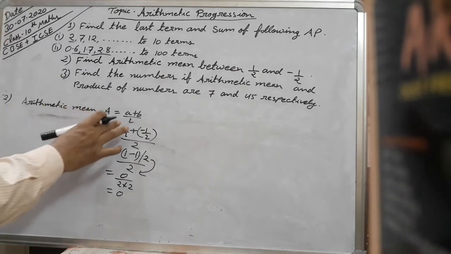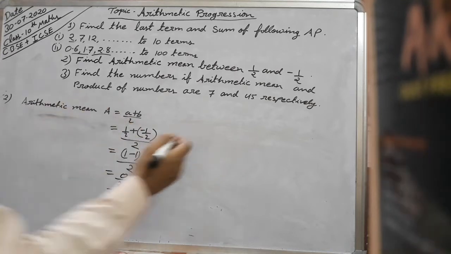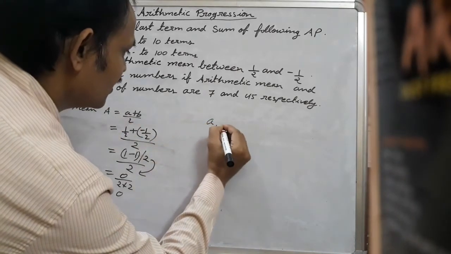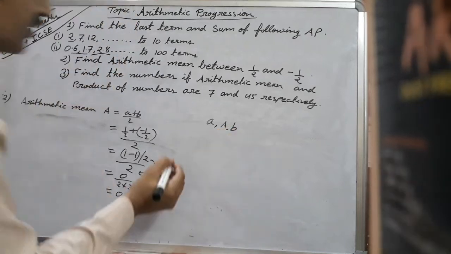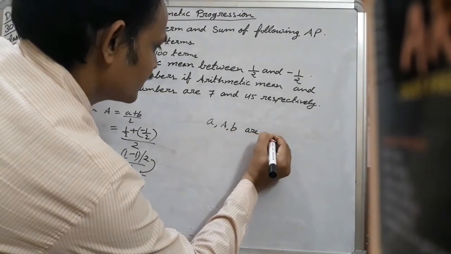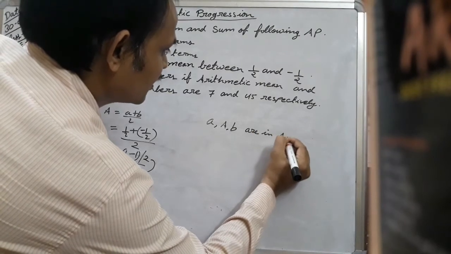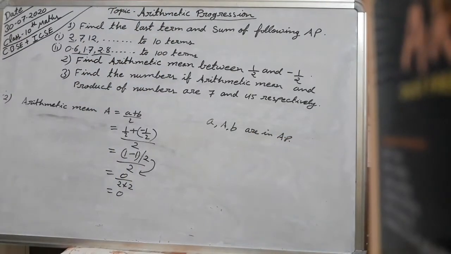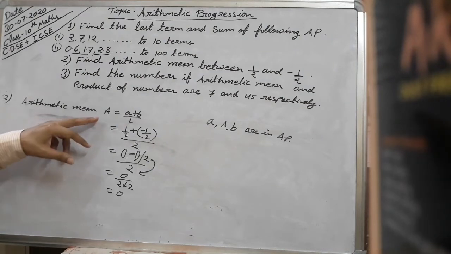Arithmetic mean formula is a plus b by 2. Why have we taken this one? Because a and b are in arithmetic progression, AP. Therefore, what is the arithmetic mean A?